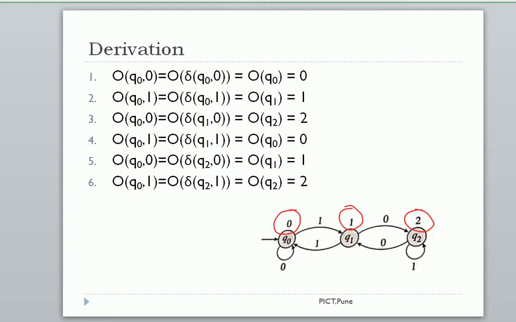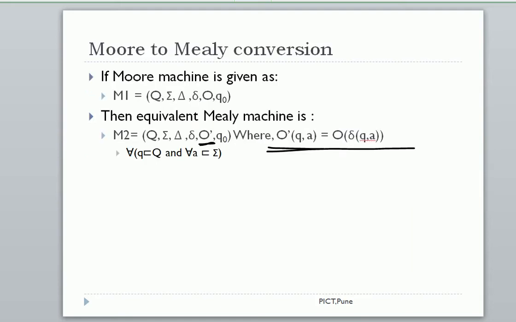So instead of writing it on the state, we will write it on the transition itself. Prior to that, I should know the output associated with each state after reading a particular symbol: Q0 on 0 and 1, Q1 on 0 and 1, Q2 on 0 and 1. We need to calculate all of these with the help of the formula.